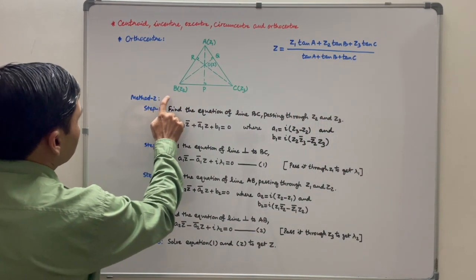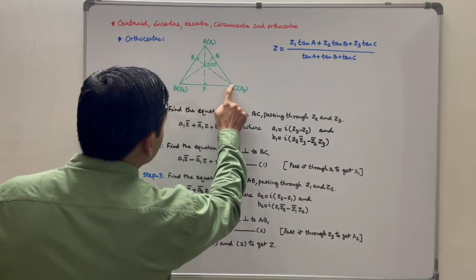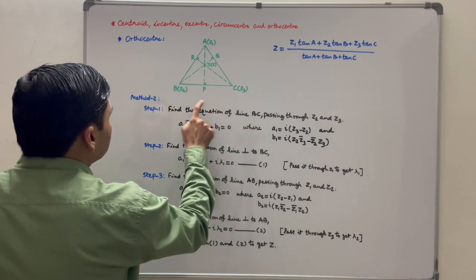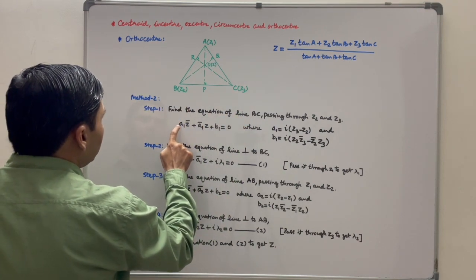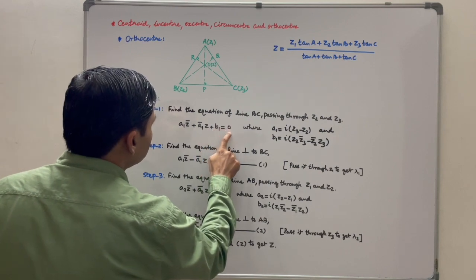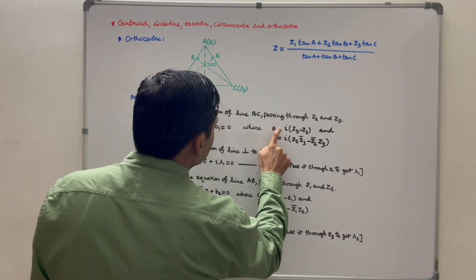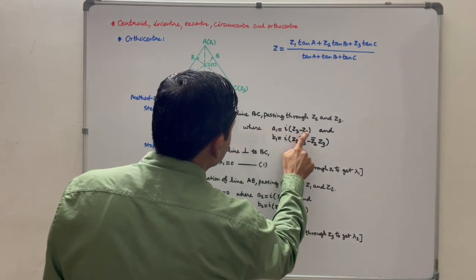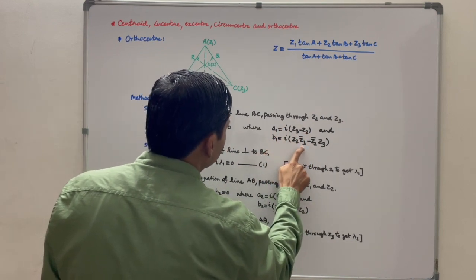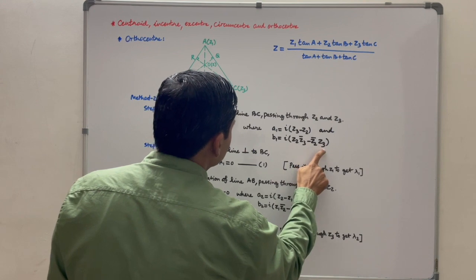First step, find the equation of the straight line BC that passes through Z2 and Z3. Suppose the equation of the straight line is given by A1 Z bar plus A1 bar Z plus B1 is equal to 0, where A1 is equal to i into (Z3 minus Z2) and B1 is equal to i into (Z2 Z3 bar minus Z2 bar Z3).